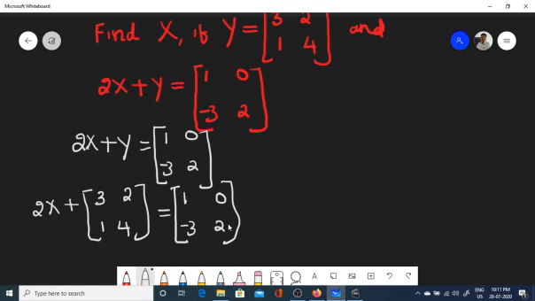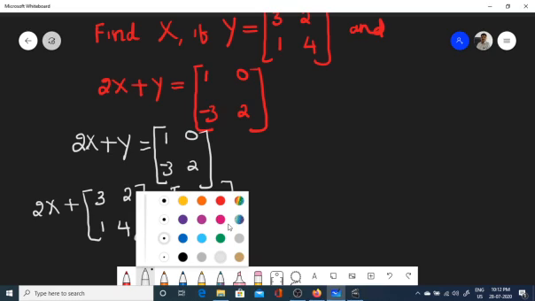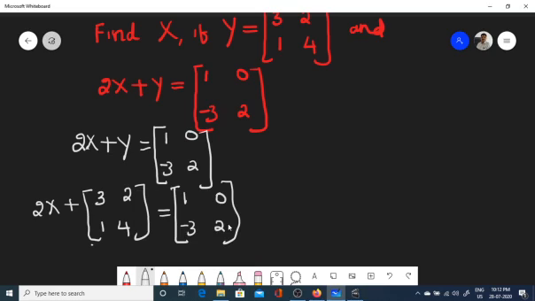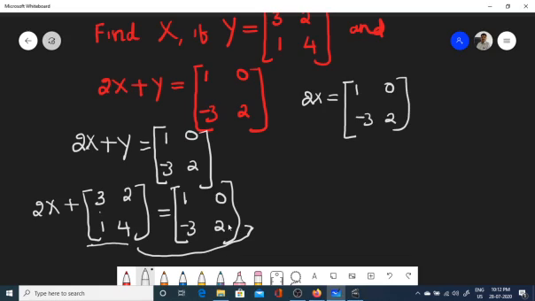Okay, so here now we have to find out x. So here, taking this matrix to the right hand side, we are having 2x equals [1 0; -3 2] minus [3 2; 1 4].